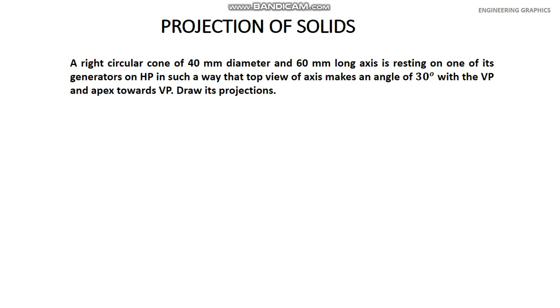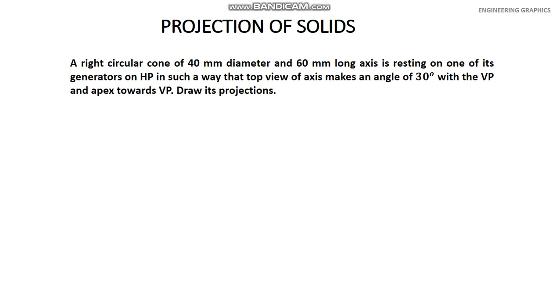In this statement, the solid is a circular cone, but it is not resting on its base on HP. It is resting on a generator on HP. And the axis should be inclined at an angle of 30 degree to VP. So this type of problem can be solved in three steps.